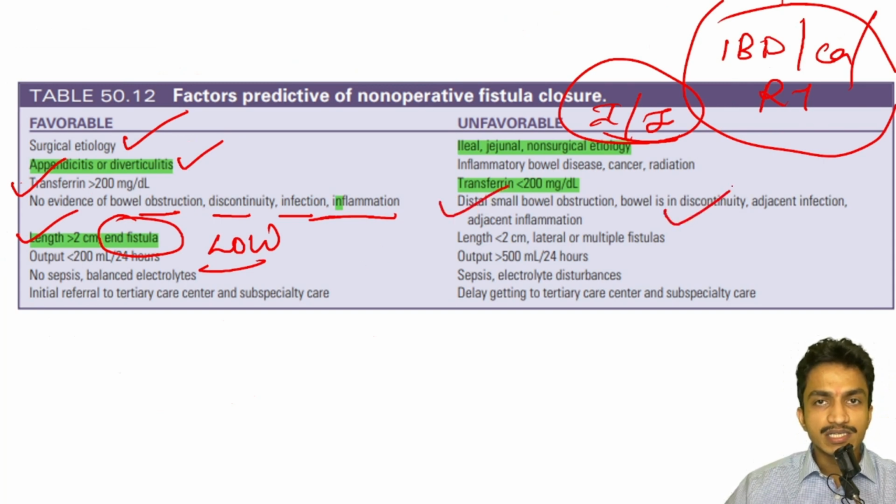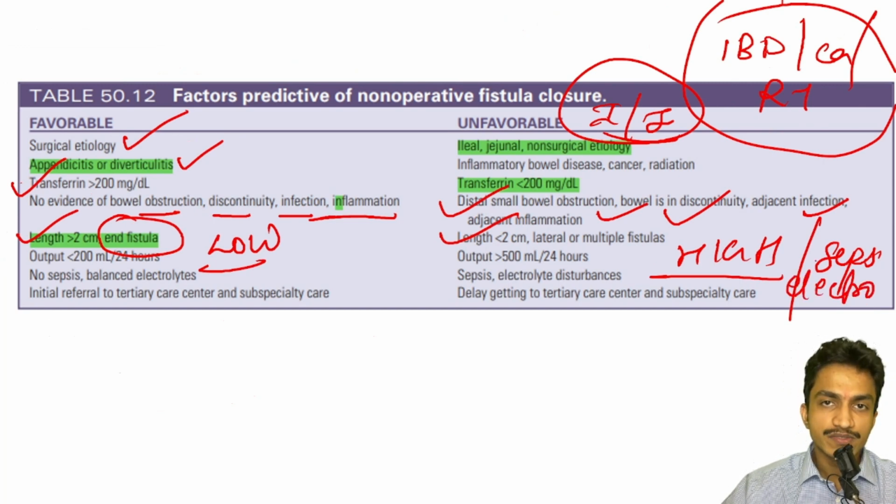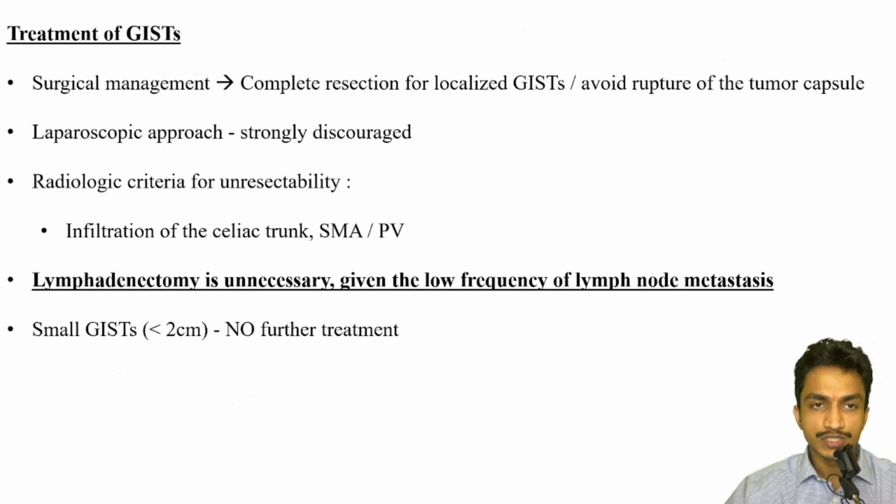If the bowel is in discontinuity, again it becomes like an end stoma, so it will not close. There is infection, inflammation. If it is a short segment, then again the tract will epithelialize and it will not close on its own. If it is a high output fistula associated with sepsis or electrolyte imbalances, then all these are unfavorable factors for spontaneous fistula closure.